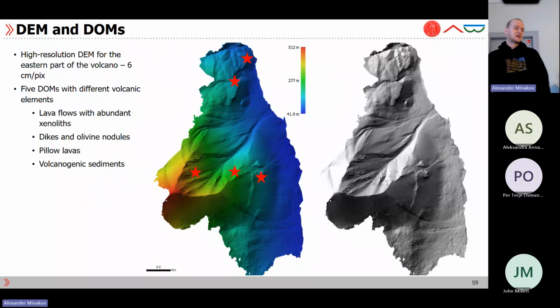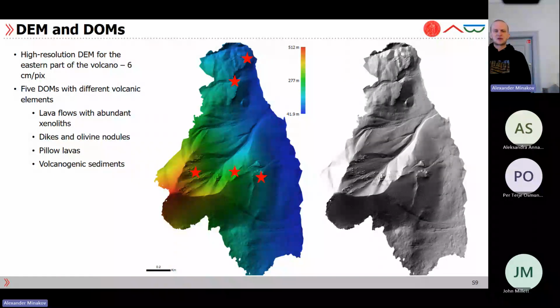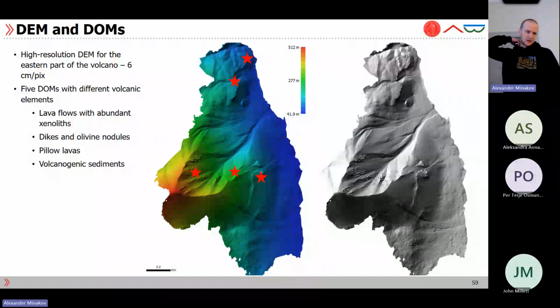It's about 6 centimeters per pixel, so we can really map out very small features along the volcano and also do some geomorphological analysis and influence of the neighboring glaciers and so on, and try to interrelate it with the volcanic observations too.